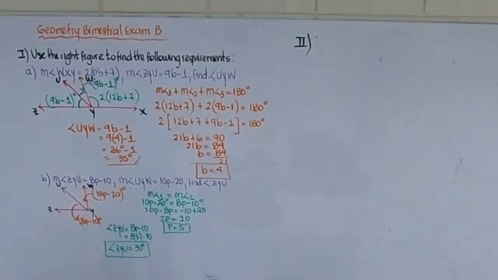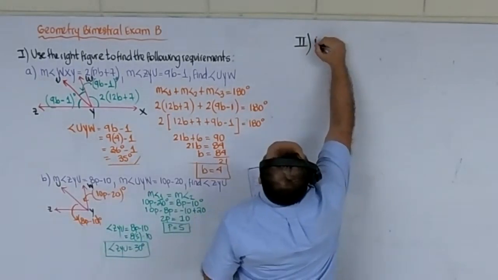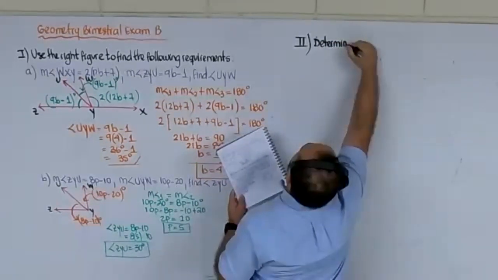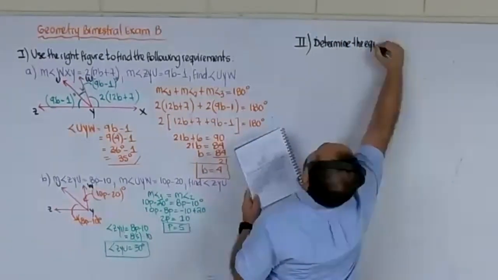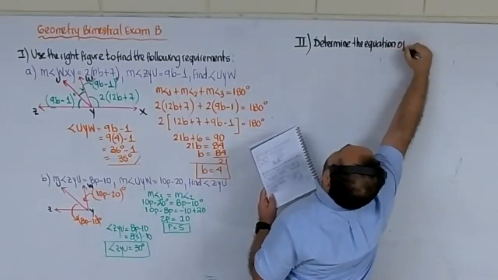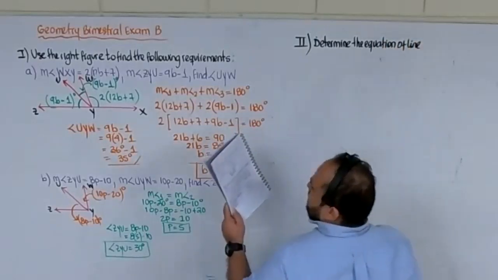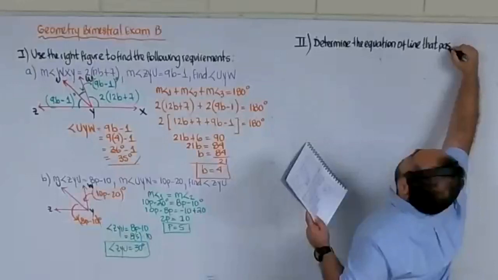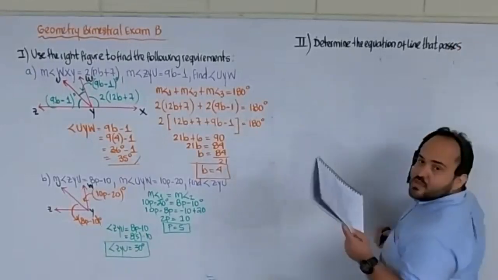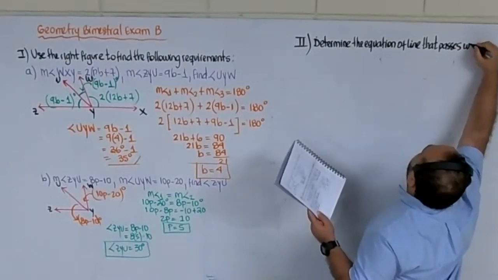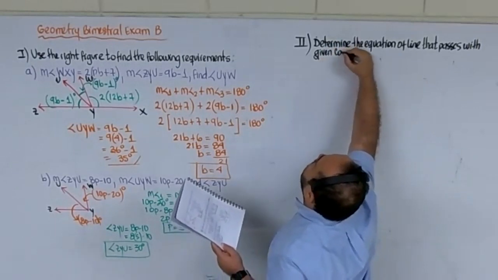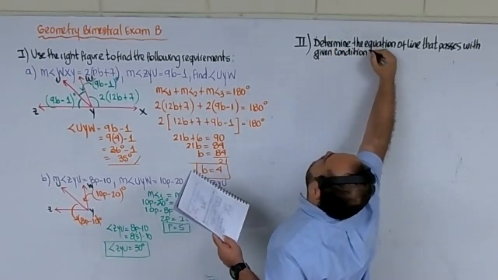In the second part of the problem, it says: determine the equation of the line that passes with the given conditions.